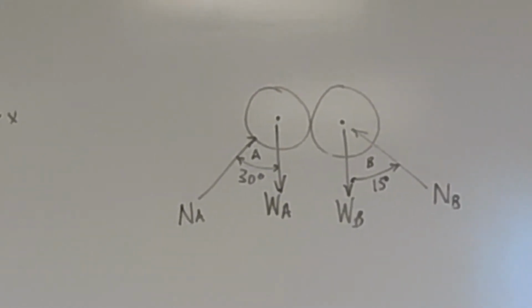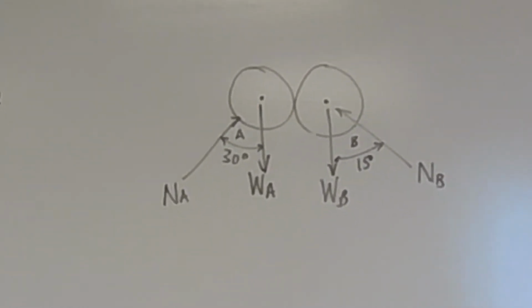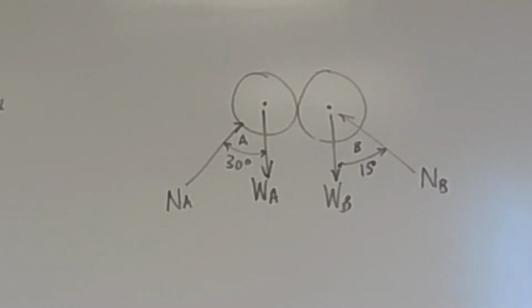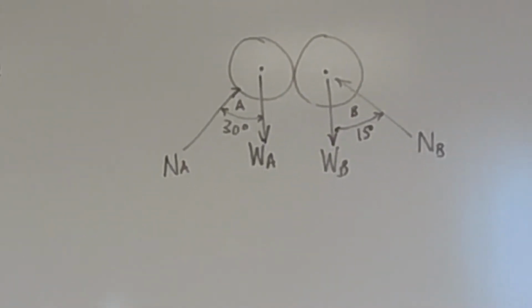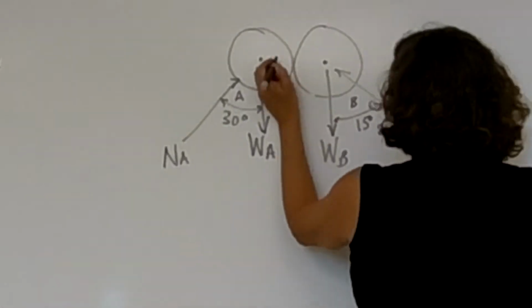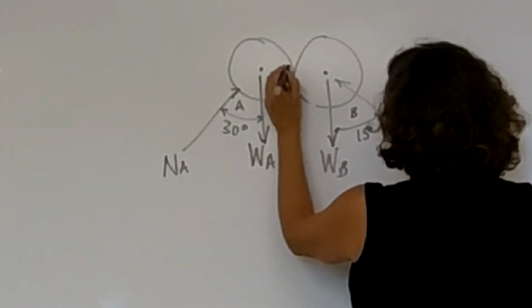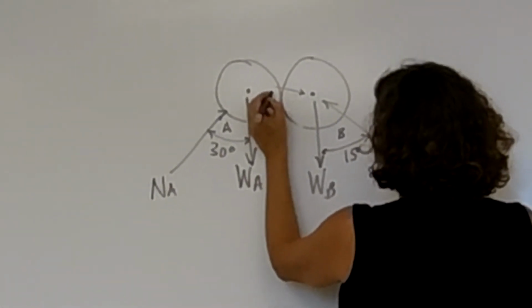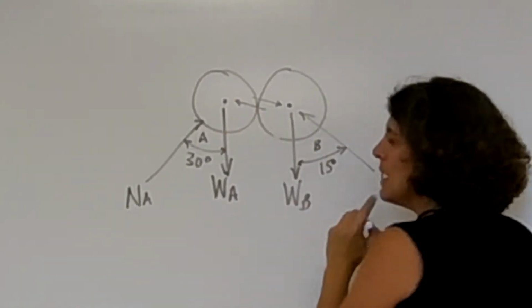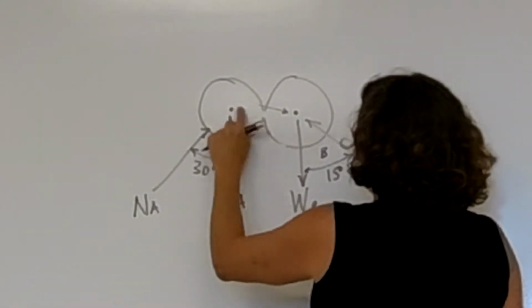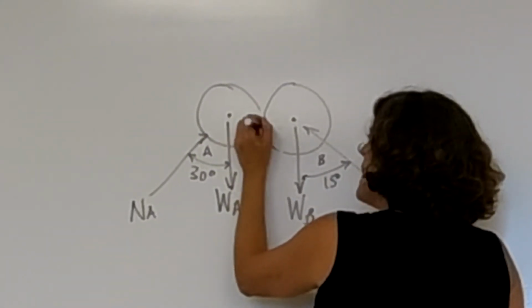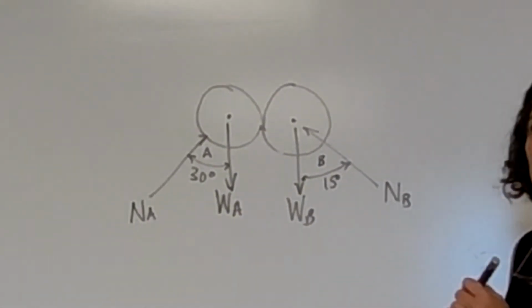Okay, Eric, what about NAB? Should I draw it? Yeah, put the normal A on B. But if I draw the normal from A onto B, then I would have to draw the normal from B to A, and what would happen to the two? They would cancel out. Because what did I say that force becomes in the end?